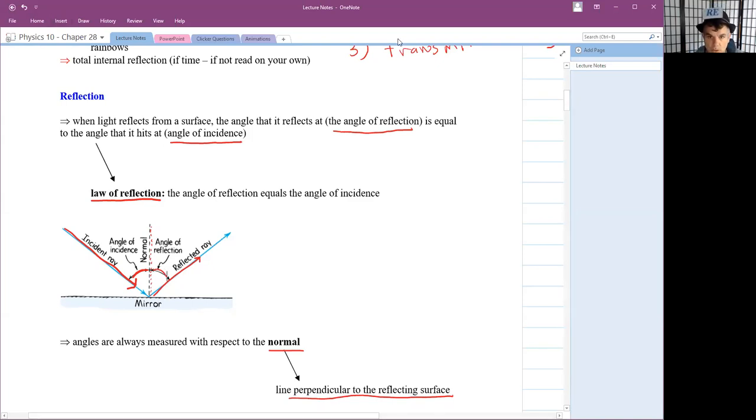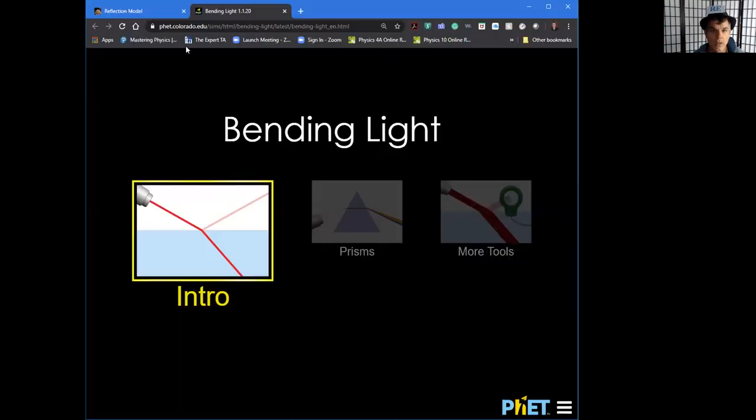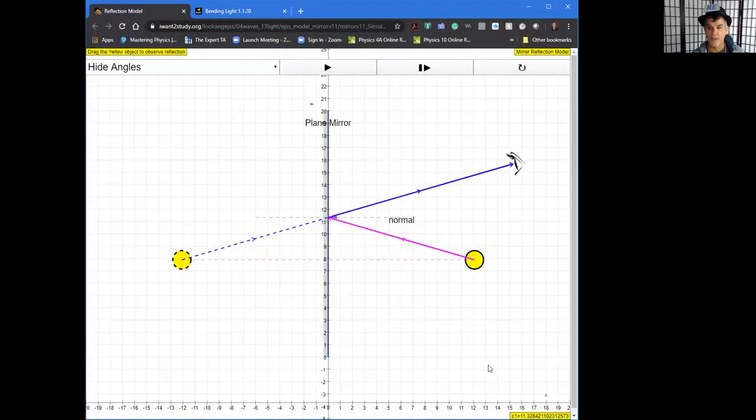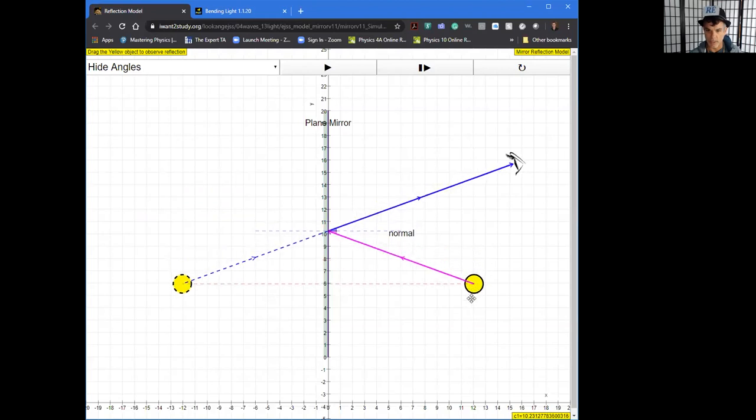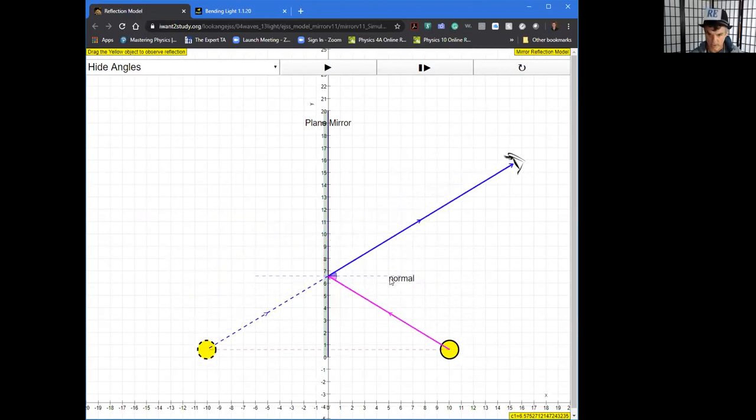So let me just show you a little share here. Reflection model. Okay, so we're going to talk about mirrors in a second, but here is the normal. So I have a beam of light that's hitting a surface. In this case, it could be a mirror. If I want to know how is that light going to reflect, then what I'm looking at is what's called the angle with respect to the normal.